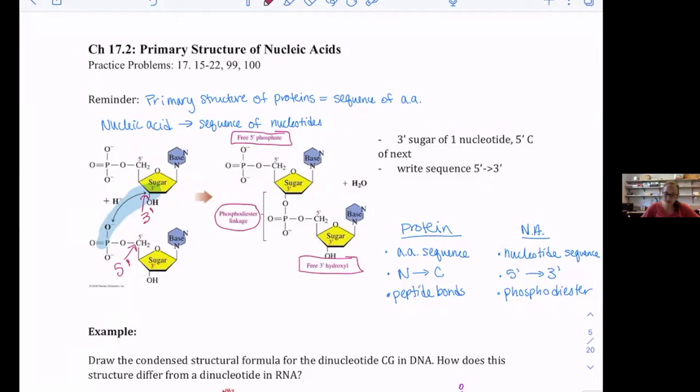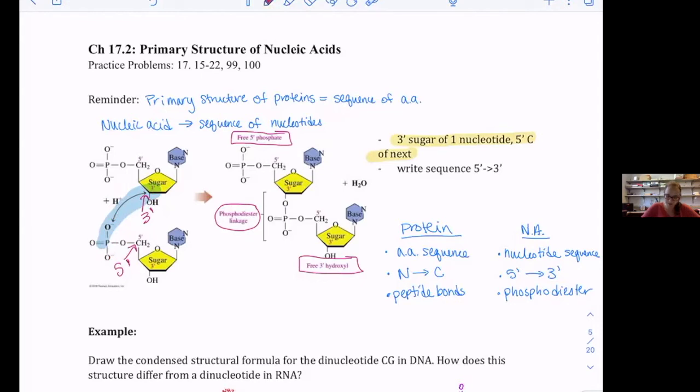So how we do this is we're going to have the 3' carbon of the sugar of one nucleotide next to the 5' carbon of the next. So that's what this over here is in blue. The 3' of the first sugar is going to do a reaction, removing water with one of the O minuses of the phosphate.